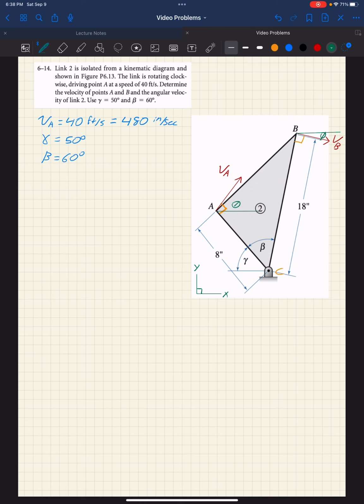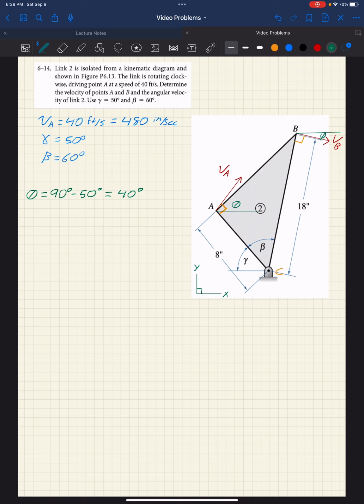So what we should look at doing next is solving for these two angles. For angle theta, it is 90 degrees off of that length AC, and AC is rotated gamma degrees, or 50 degrees, off of the horizontal. That gives us theta equal to 40 degrees.